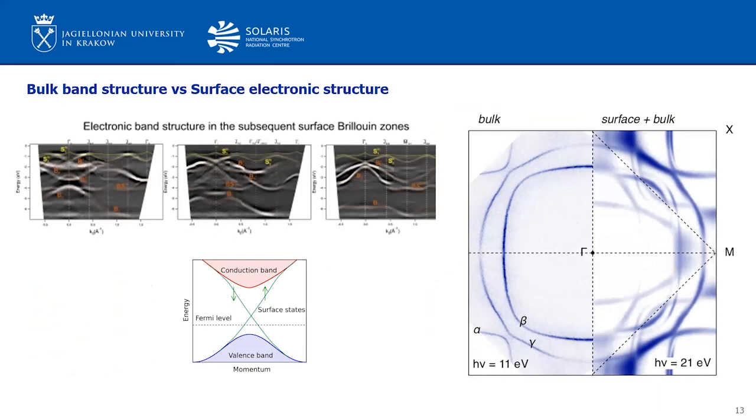But we can check the bulk bands and surface bands by using, for example, different excitation energy, as presented here. The surface states can originate from the reconstruction, for example, of the surfaces.